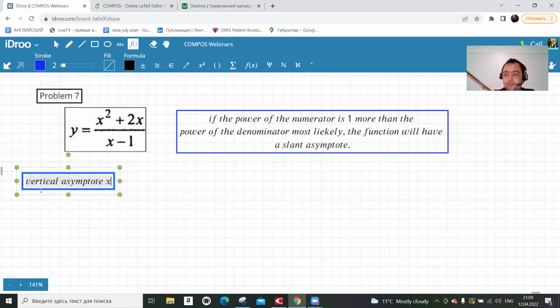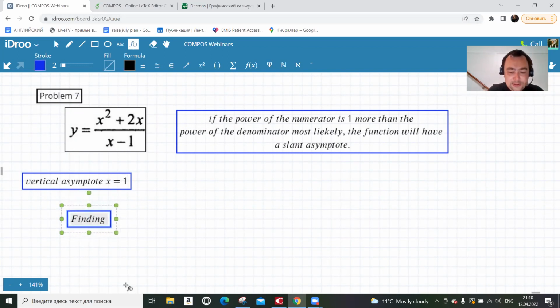Very good. x equals 1. Just one person, or has everyone thought x equals 1? Okay, the vertical asymptote is x equals 1. Then the easy way of finding slant asymptotes.